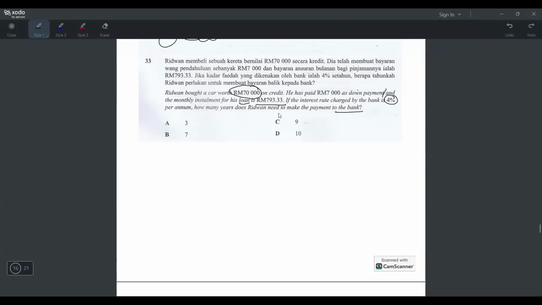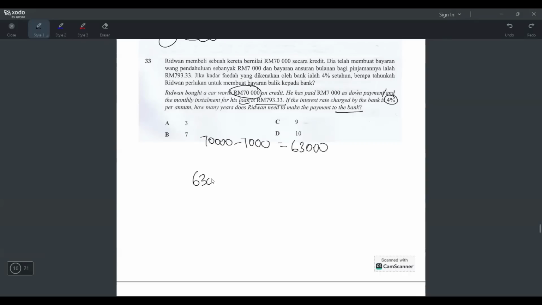Okay, first of all, let's calculate how much he borrows from the bank. 70,000 minus 7,000, right? If you press this, what do you get? My calculator gives me 63,000. So he goes to the bank and asks to borrow 63,000. But when you borrow 63,000 from the bank, you have to pay back more than 63,000, because there is interest.